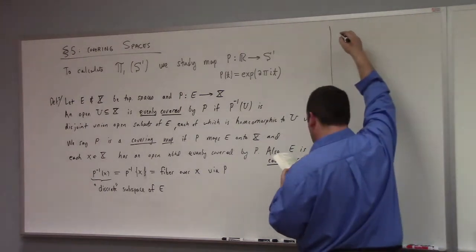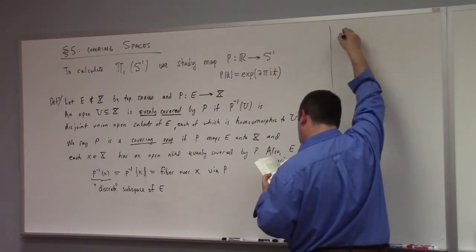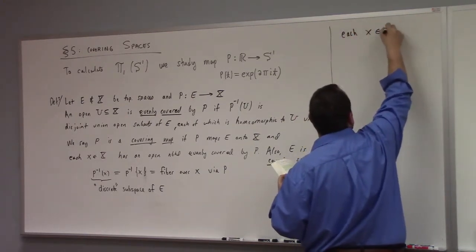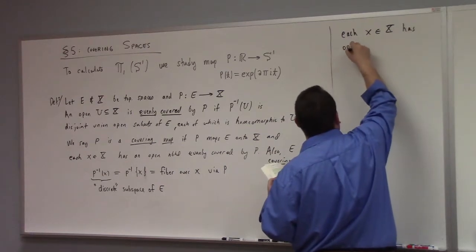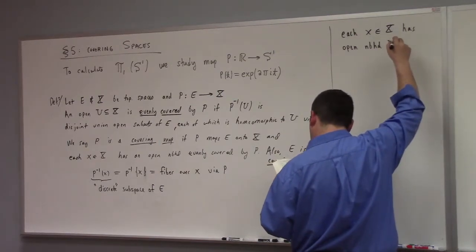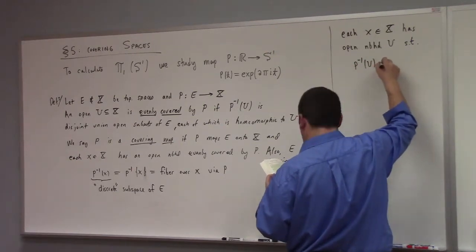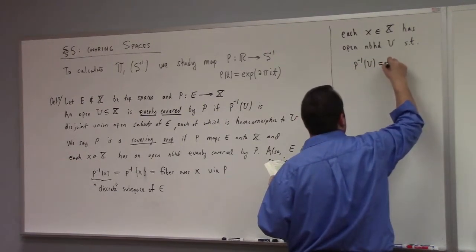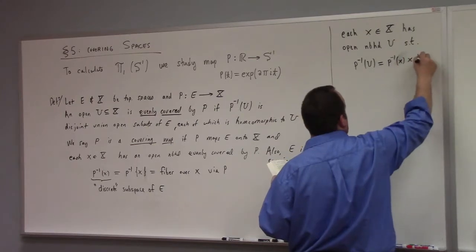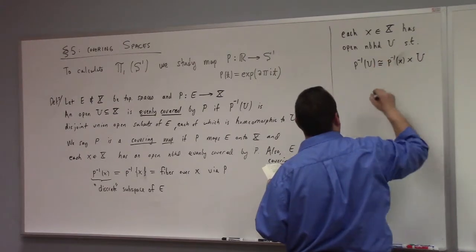I'm not sure, I guess that's right here. So each x in X has an open neighborhood U such that P inverse of U is equal to P inverse of x cross U. Well, homeomorphic, not equal, but I should say homeomorphic.